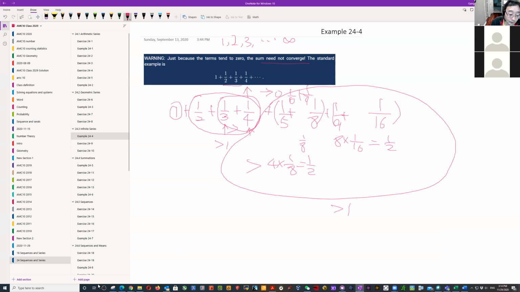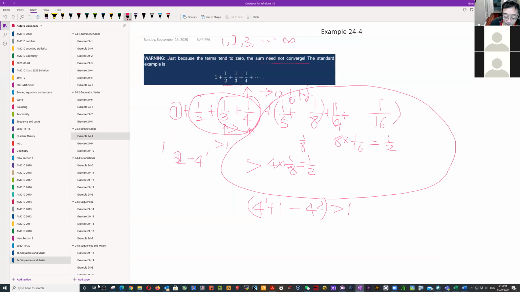So what you can find is the first term is 1, the second term is 1/2, then between 2 and 4 to the first, and between 4 to the first plus 1 all the way to 4 to the second, the total of this reciprocal is also bigger than 1/2.